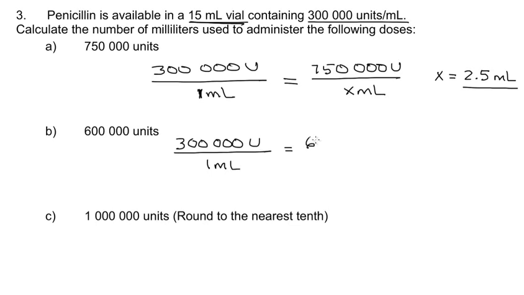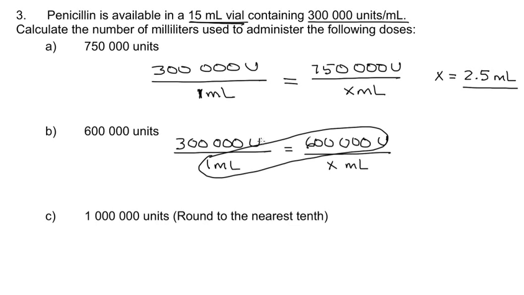We want to give, in this case, 600,000 units, which will require how many milliliters? So multiply the numbers on the diagonal. 1 times 600,000 is 600,000. Divide by 300,000, and you get X equals 2 milliliters. It's a very good habit to put your units on these values when you get them, and to put your units even if you're calculating the X down here.